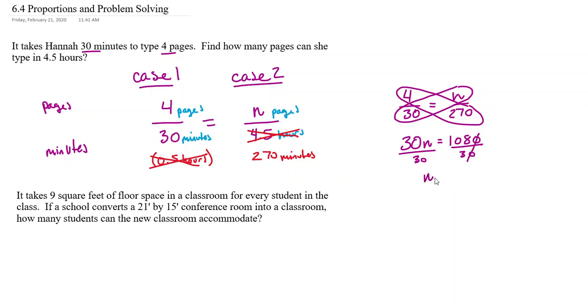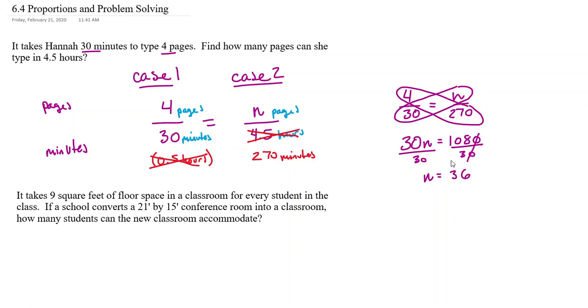And we're left with n equals, let's see, that's 36. So n is the number of pages, and we think Hannah can type 36 pages in 4.5 hours, or 270 minutes. That sounds right to me.